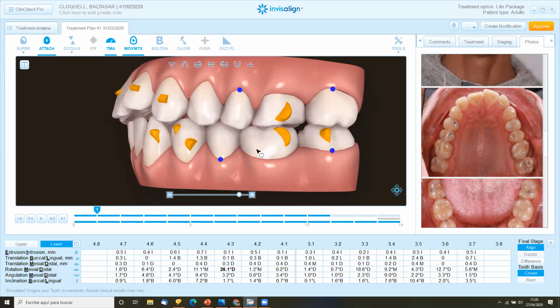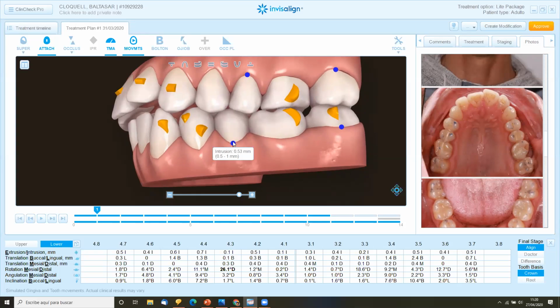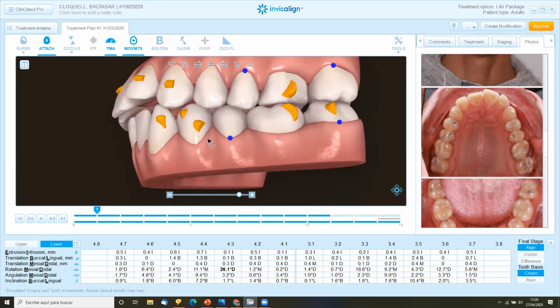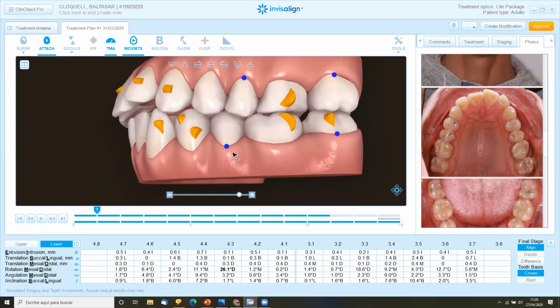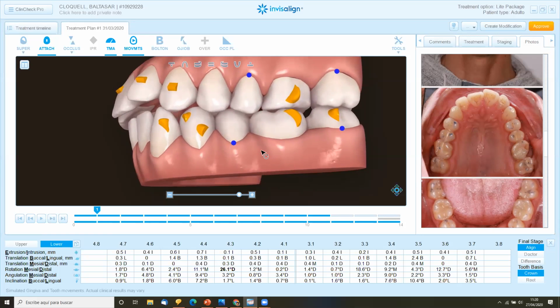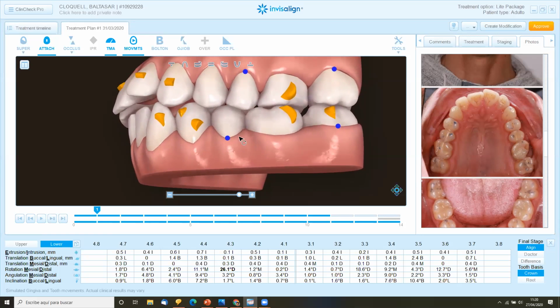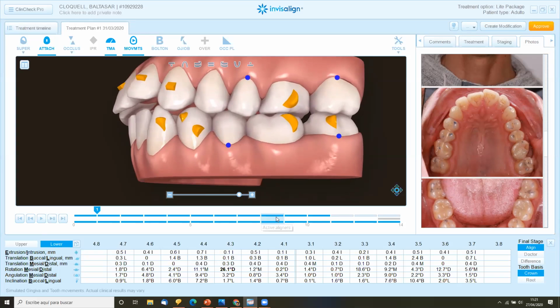And one of the things is that even if you have a blue point here in the 35, in the second premolar, and you don't have any point, any difficulty point in the 34, this is not real for me. It's only a line criteria. What do I mean with that? That for me, an intrusion of 0.53 millimeters, half a millimeter, is a lot more predictable than moving the 34.